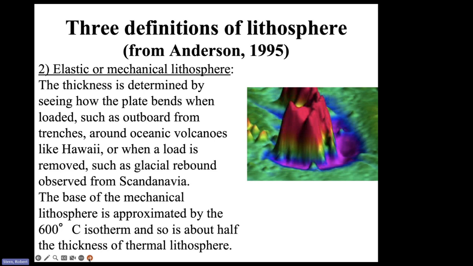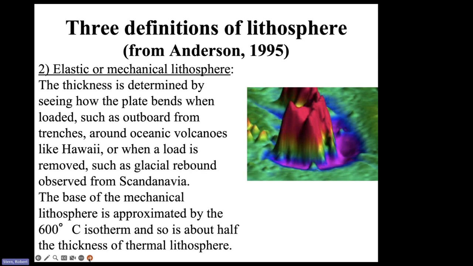So this thickness is determined by seeing how the plate bends when it's loaded, such as outboard from trenches, where the plate is bent to go down into a subduction zone, around oceanic volcanoes like Hawaii, where you put a load on it by piling lavas on top, and in other places where you've removed a load, such as glaciers in Scandinavia, where the lithosphere is flexing, recovering, and the land is rising.